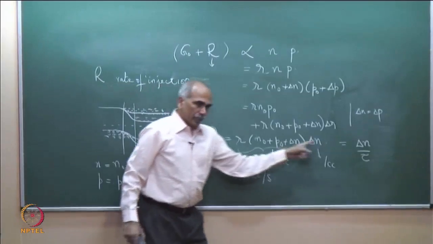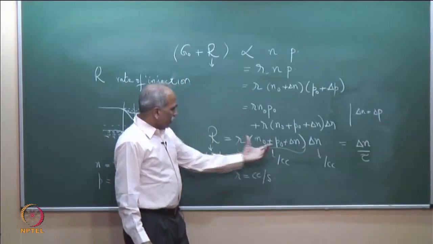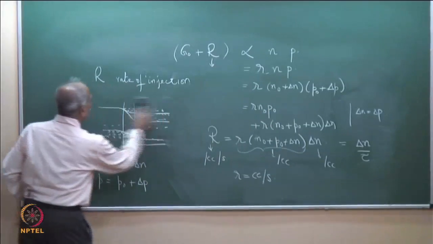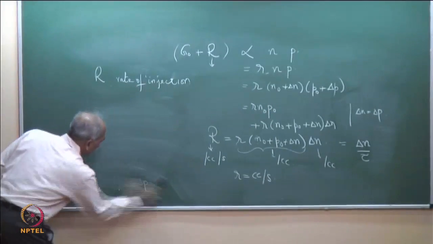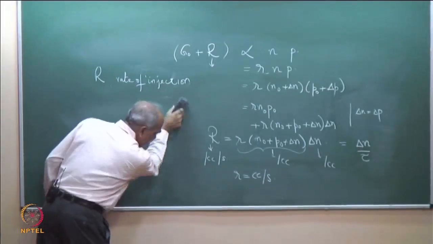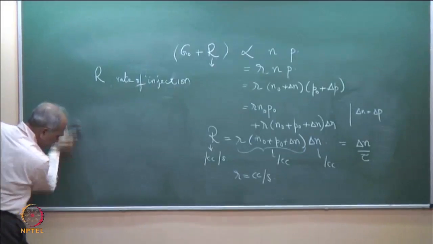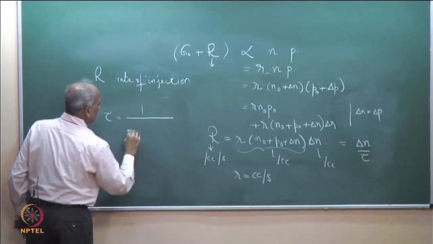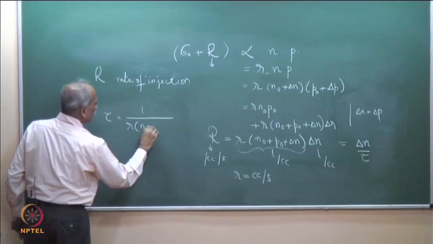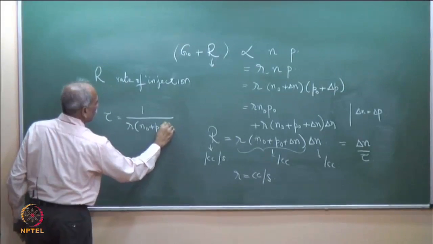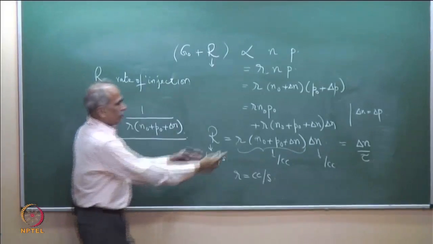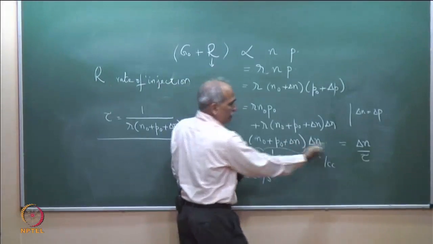R is equal to this. I am writing this expression as delta n by tau, where tau is equal to 1 divided by R into n0 plus p0 plus delta n. If I call this quantity as 1 by tau, it is delta n by tau.